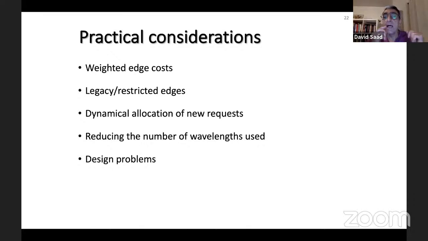We are currently experimenting with our partners in the Transnet network, who are optical communication engineers, on how to do that in the best possible way. Also, we want to reduce the number of wavelengths used and maybe power down some of the equipment. And there are also design problems. Where is the right place to put new edges?